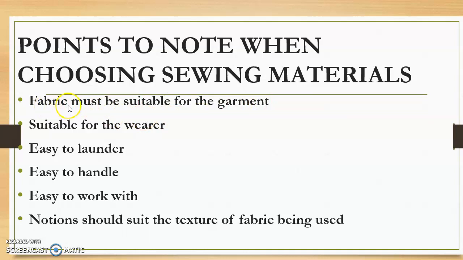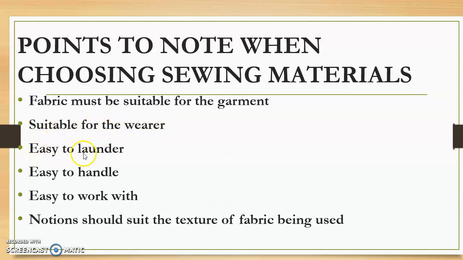When we talk of being suitable, it includes how you are going to handle it, or the type of garment you are going to make. It's also supposed to be suitable for the wearer. When you are making a garment for a baby, for instance, you cannot have beads or big pressers in it. It can hurt the baby.